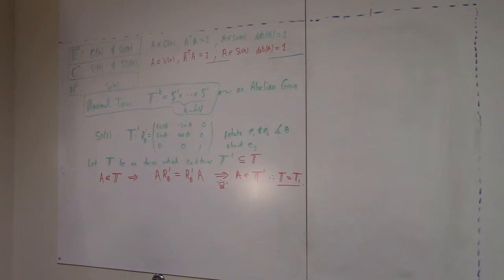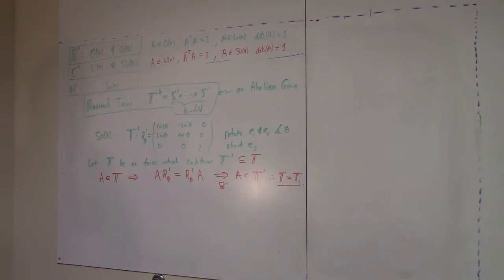It seems to me, logically, you might ask the question, how do you know that there's not some other torus out there, which doesn't connect to, which is disconnected from this T1, and it's bigger? Why can't there be another torus which doesn't contain T1 that could be bigger?